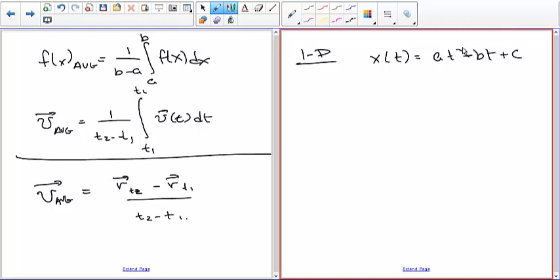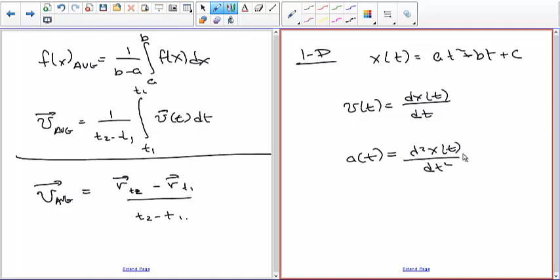I'm just going to give you a polynomial, and so I want you to be able to derive the equation for the velocity, which is just the derivative of the position vector with respect to time, and then the acceleration value here is just the second derivative of the position vector with respect to time, or you can just take the first derivative of the velocity vector with respect to time.